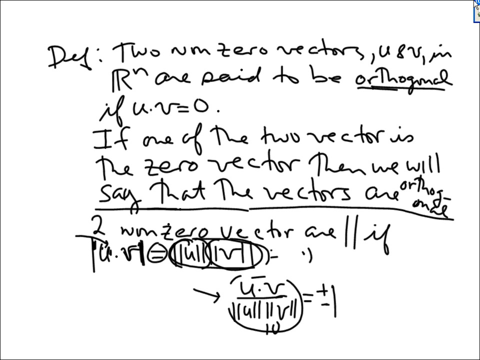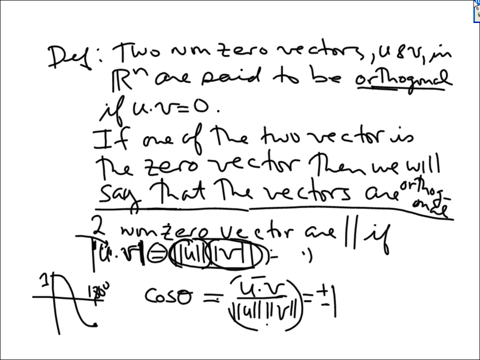But what I have circled in the bottom, that's just the cosine of theta. Cosine of theta is 1 or it's negative 1. Well, let's look at the cosine graph, only up to pi. Well, it's 1 at 0 degrees and it's negative 1 at 180 degrees.